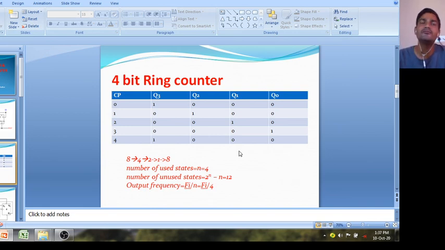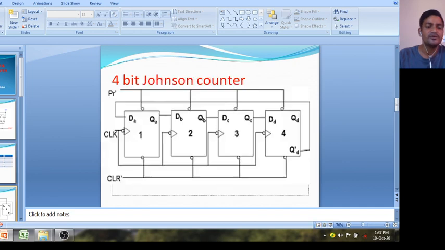Total unused states will be 2 to the power 5 minus 5, so it will be 27. Output frequency is Fi upon 5. Okay. So a 4 bit ring counter is also called a mod 4 synchronous counter. Similarly, a 5 bit ring counter is also called a mod 5 synchronous counter. Alright.